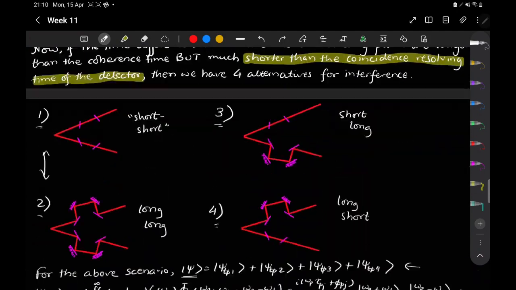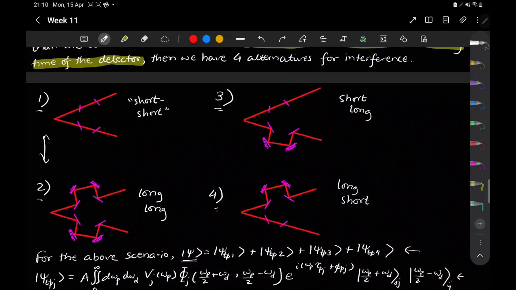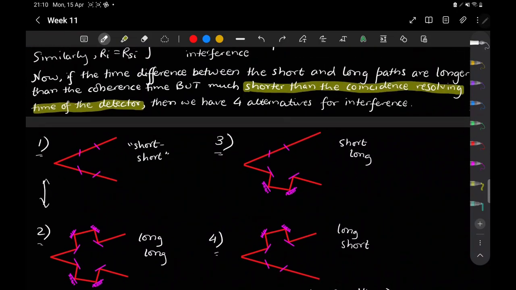coincidence. But here, when we have these four alternatives, we are considering that the time difference is shorter than the coincidence resolving time. As a result, the detectors are such that even if the photons are following the short and long paths, because of the slightly poorer resolving time, to the detector it appears as if both the photons are arriving at the same time.